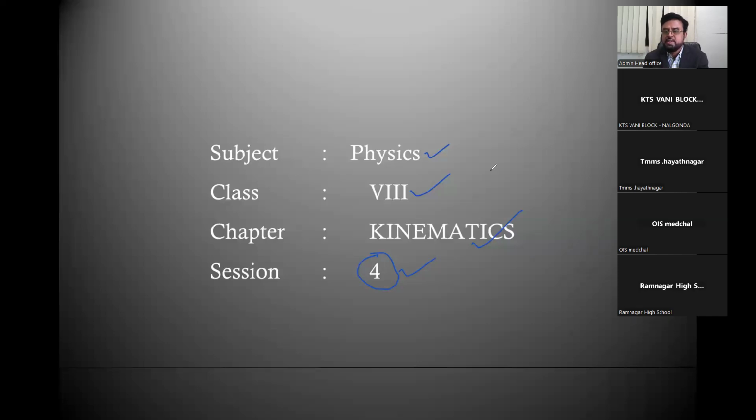So far we completed 3 classes in understanding the basic concept of kinematics, which totally deals with the motion of a body.